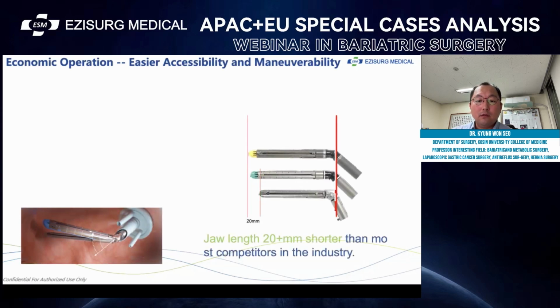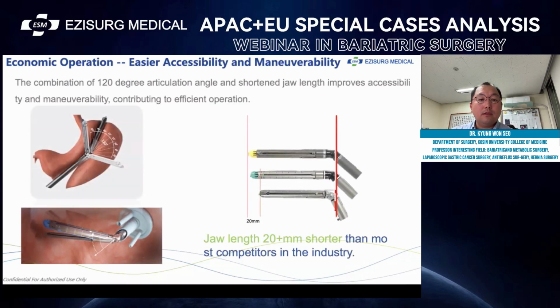This stapler has a 120-degree articulation, and the shortened jaw length is 20 millimeters shorter than other competitors' devices.